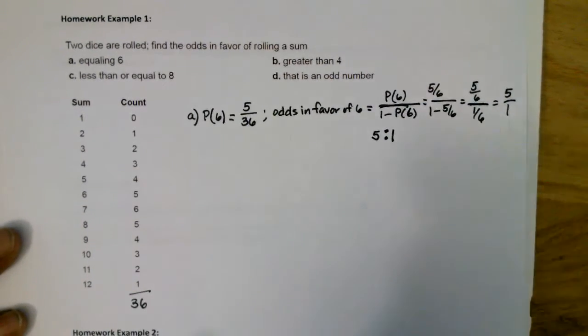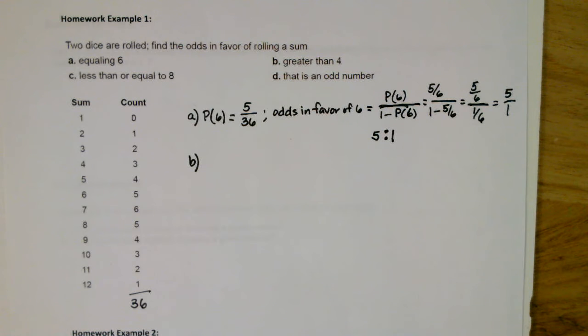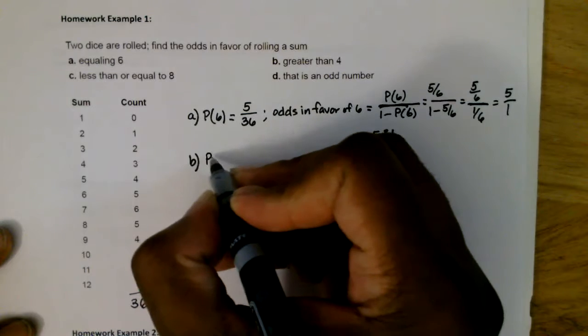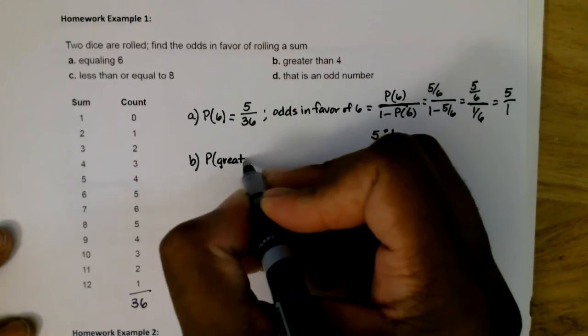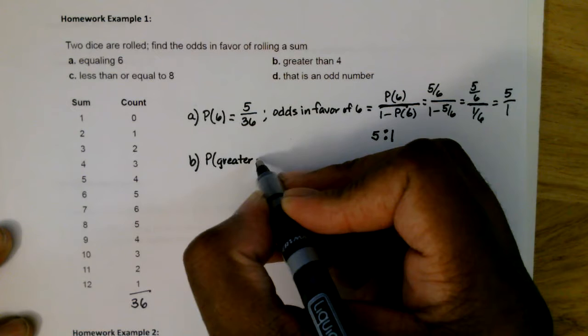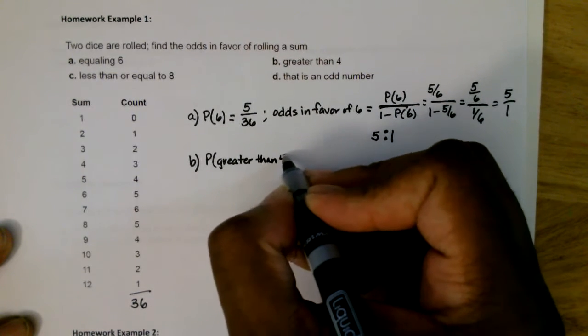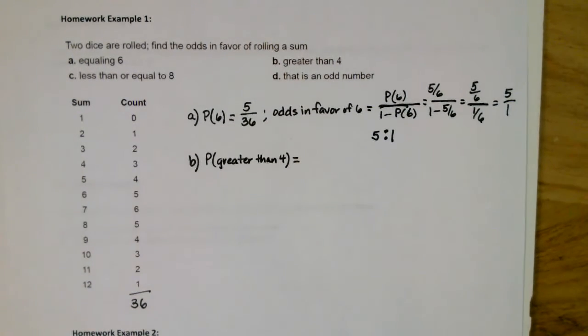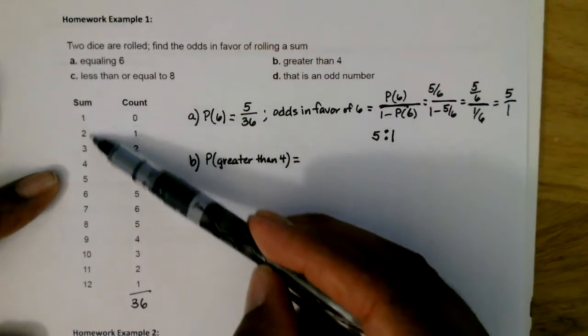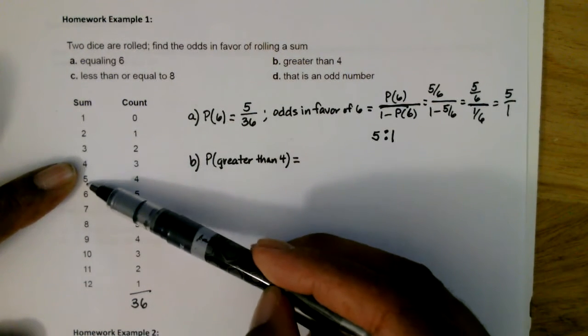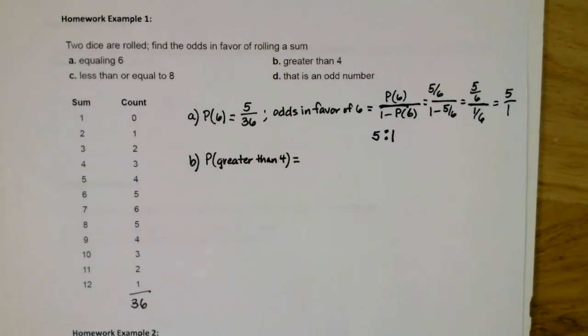That's the answer to part A. Part B. Let's say we want to find the odds in favor of rolling a sum greater than 4. So the probability of getting a sum greater than 4. Greater than 4 is this. We can't include 4. We have to include these numbers that are greater than 4. So I'm going to cover up the 4 because I cannot include 4.